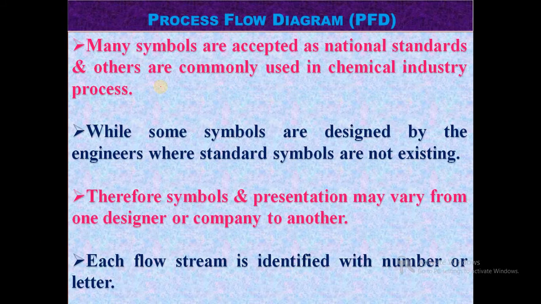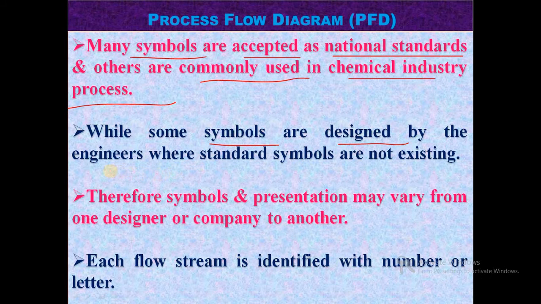So in the case of a process flow diagram, many symbols are accepted as national standards and others are commonly used in chemical industry processes, while some symbols are designed by the engineers where standard symbols do not exist.